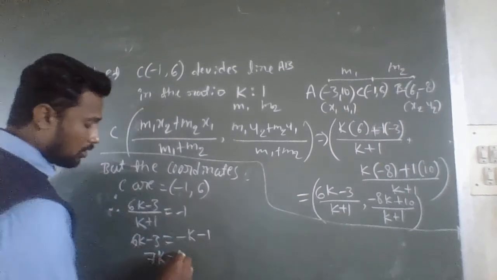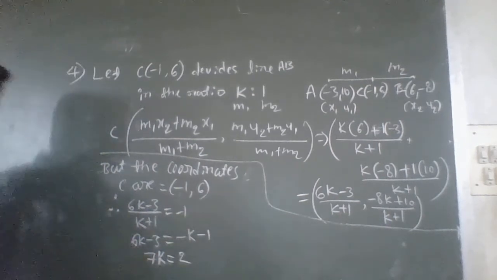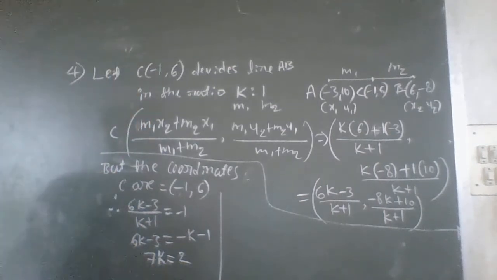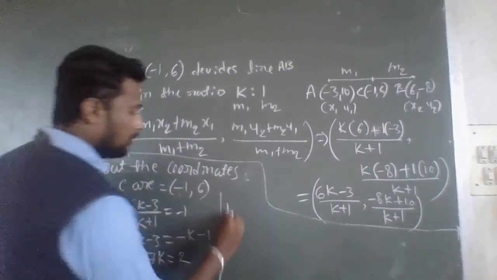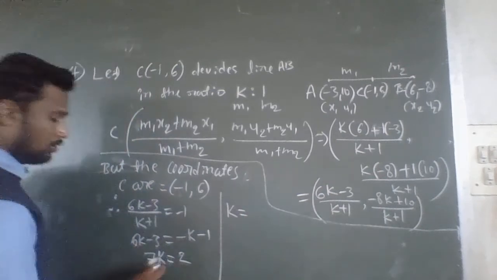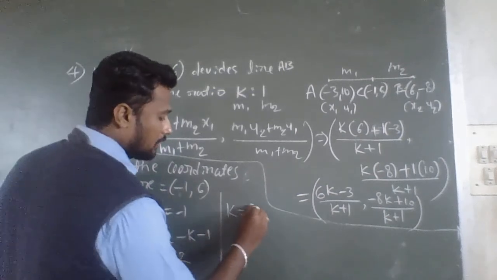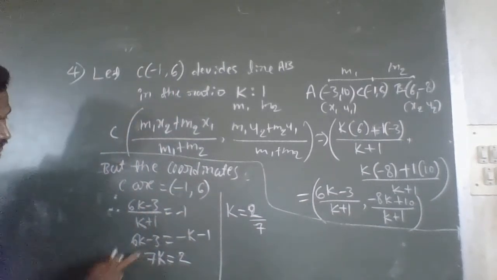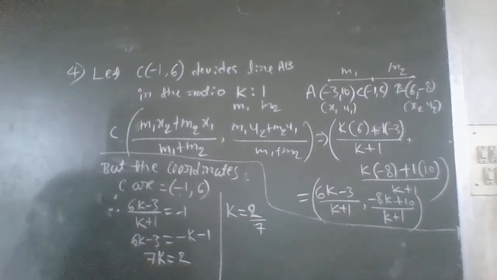So 3 minus 1 means you will get 2. So 7k is equal to 2. Now to calculate the k value, k is equal to 2 by 7. So what we did here? We moved this 7 to the right hand side, so it becomes division. So 2 by 7. We got the value of k.